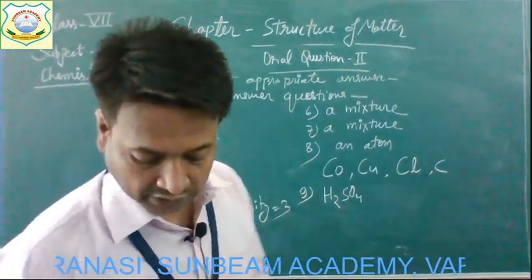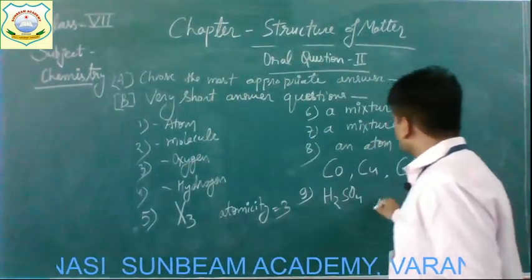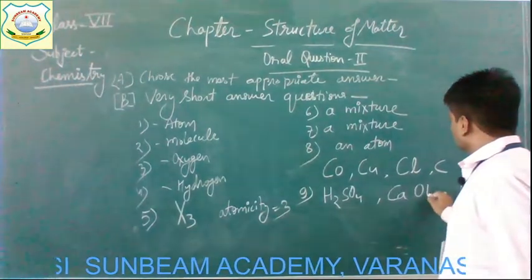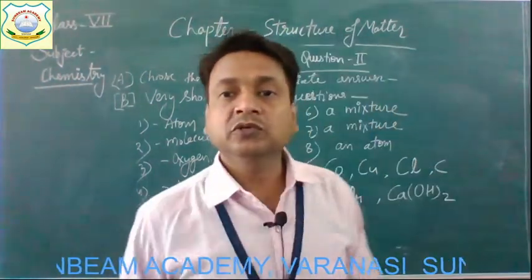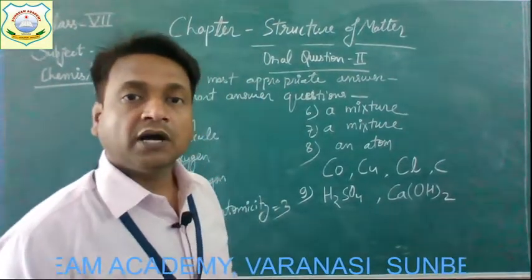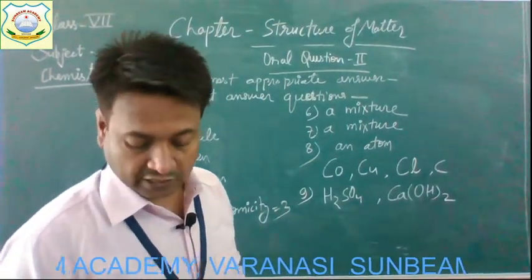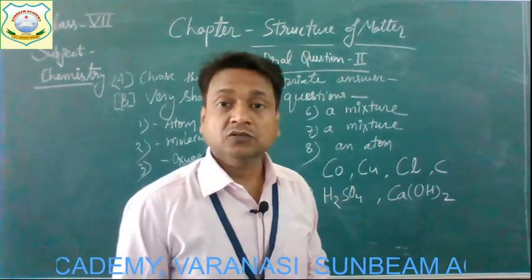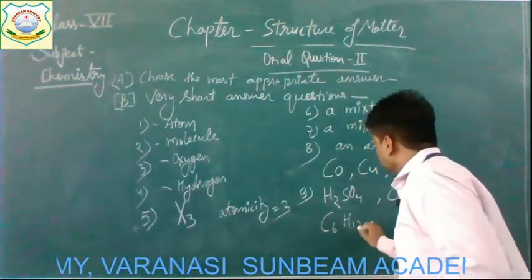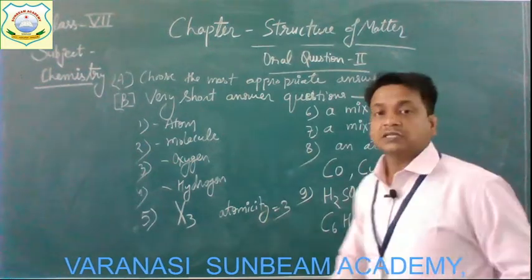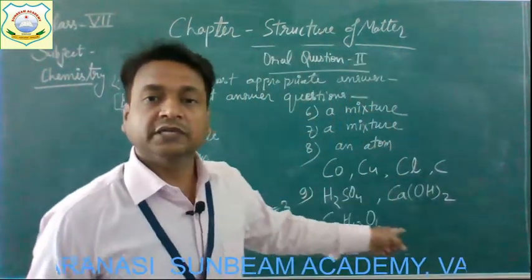Now the second one is calcium hydroxide. Ca(OH)2, that is, OH taken twice. This will be the formula of calcium hydroxide. Third is sugar. C6H12O6.